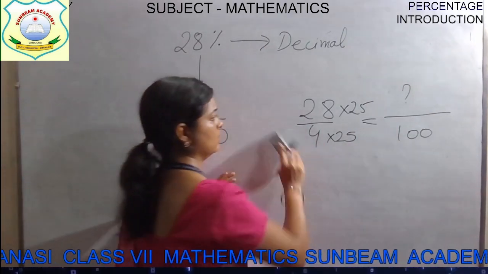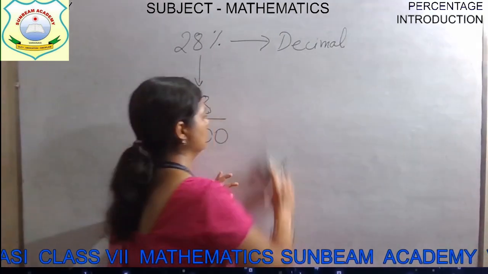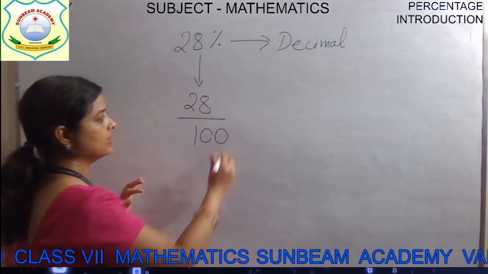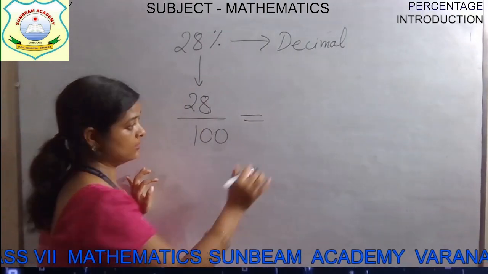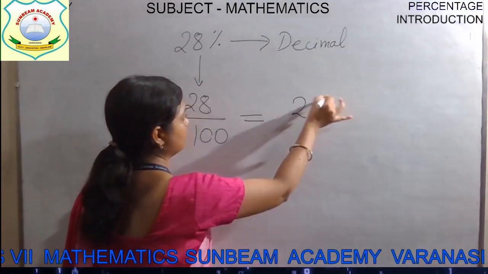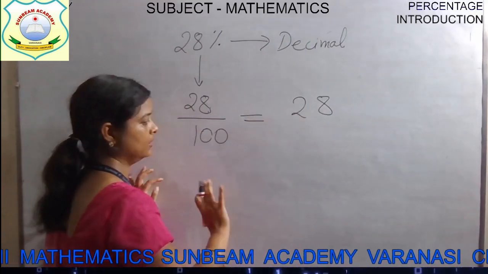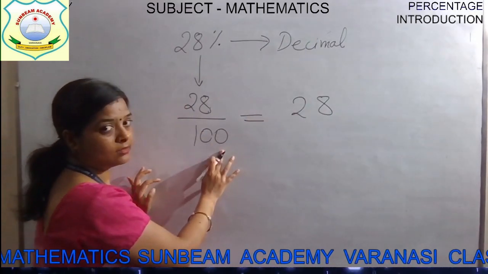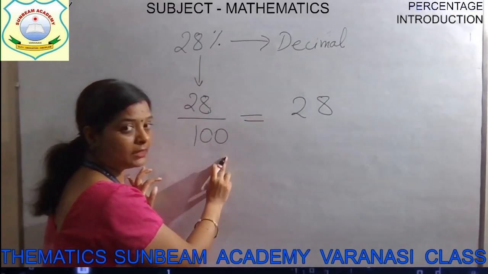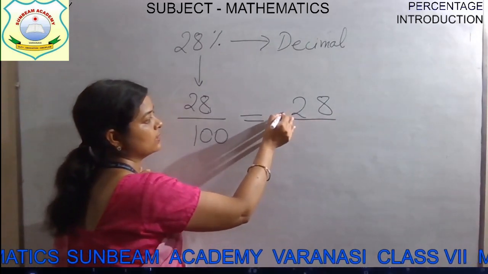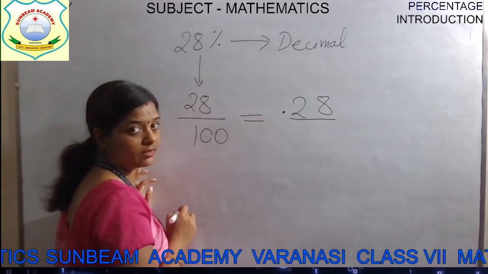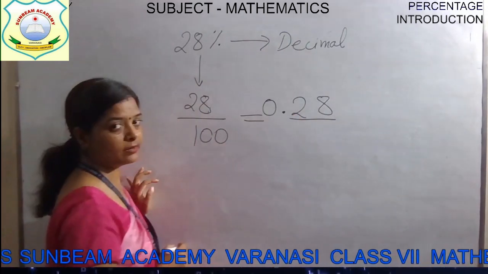How will we write, children? 28 by 100 can be written as, it is equal to, same as what? Write down the numerator part, 28, and see the denominator, 100, 2 zeros are there. It means it will have 2 places of decimal, so the decimal point will be written over here, and write down a 0 here.